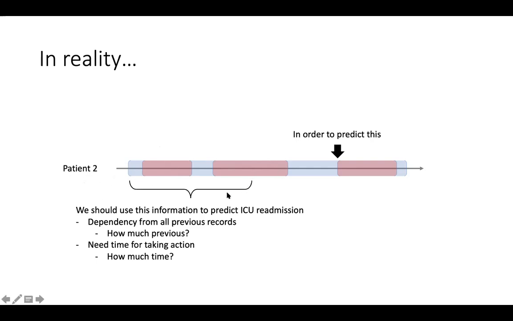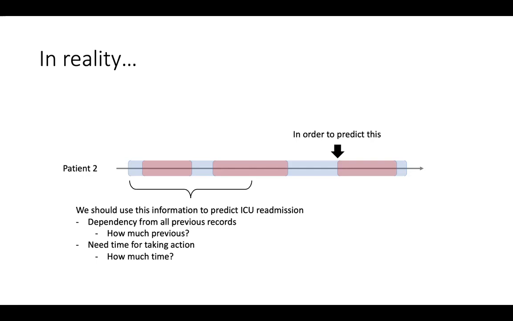So we might be able to use the entire thing. Or if we want to go even further back, if we were to use MIMIC-3, then we might be able to use previous hospital visit records as well. There is no rule against using information from the past.